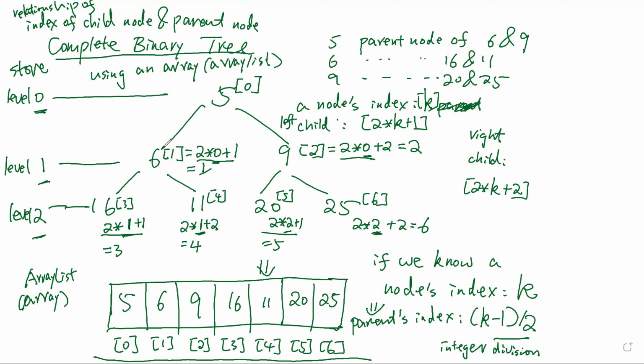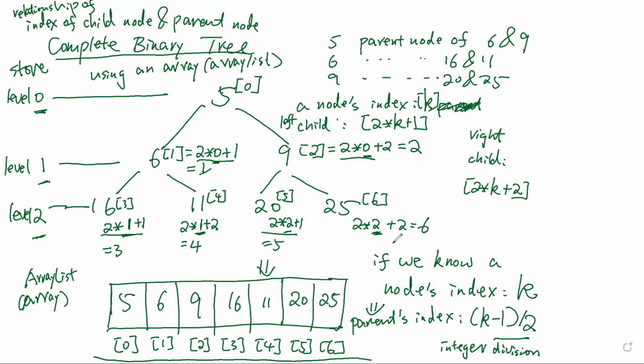That's why each non-leaf node needs to have 2 children, and the nodes need to fill from left to right. Otherwise, you cannot get this kind of relationship regarding the index.